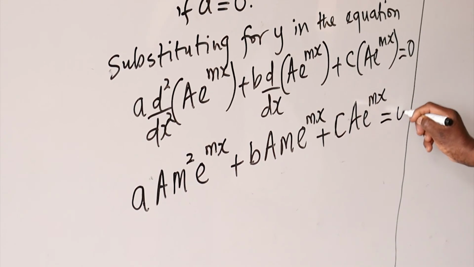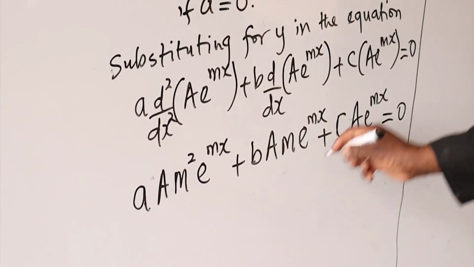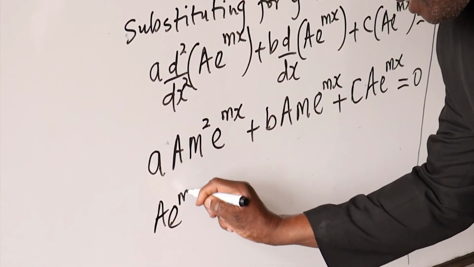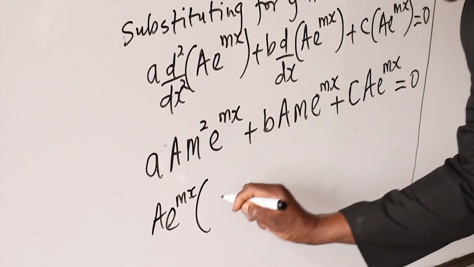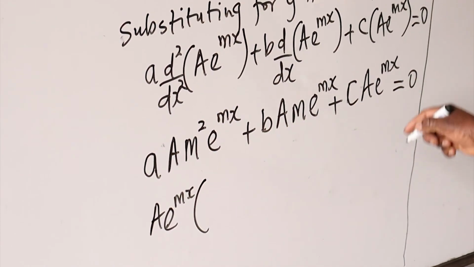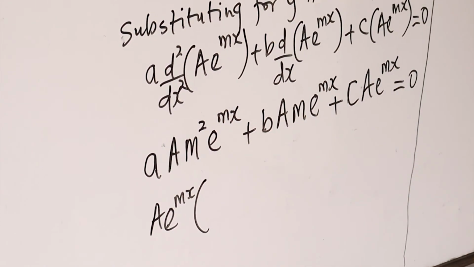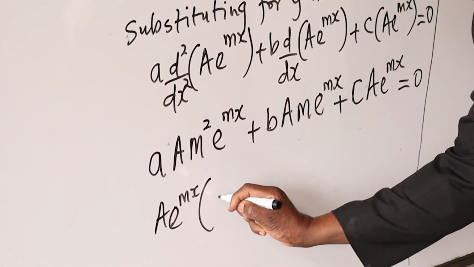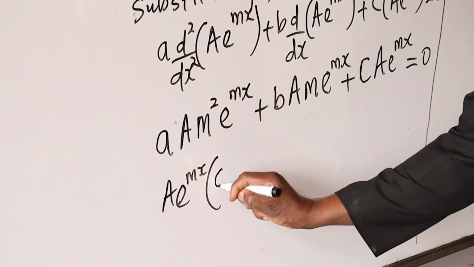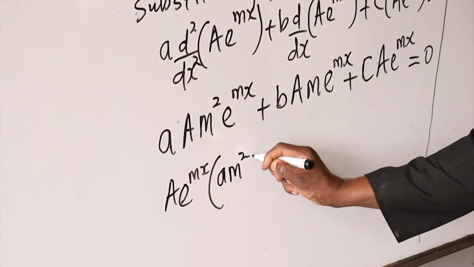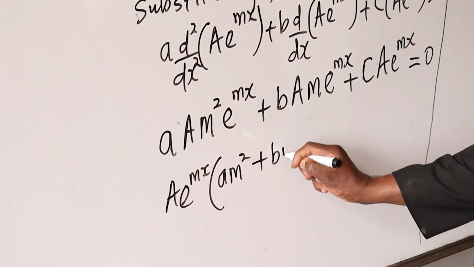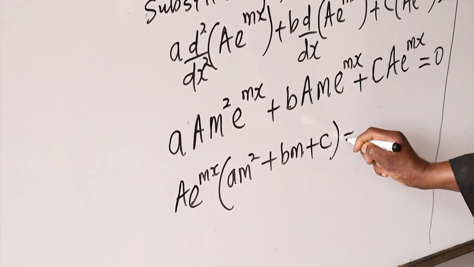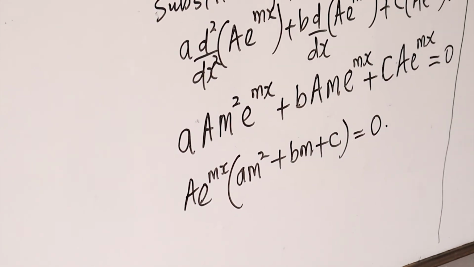This is what is equal to 0. We can see capital A e power mx is common in this expression, so we factorize it out. So this will give us capital A e power mx times (a m squared plus b m plus c), and this one is equal to 0.